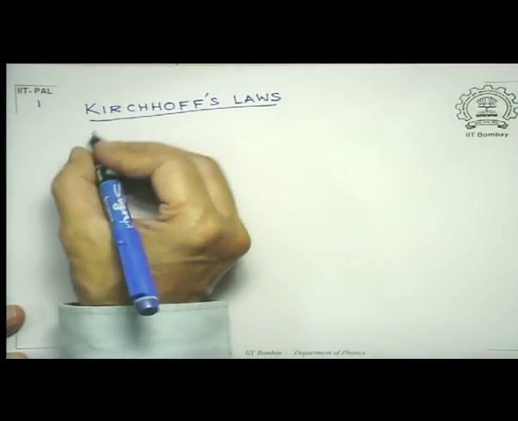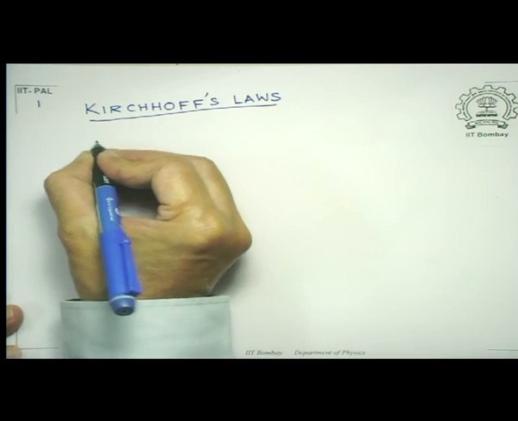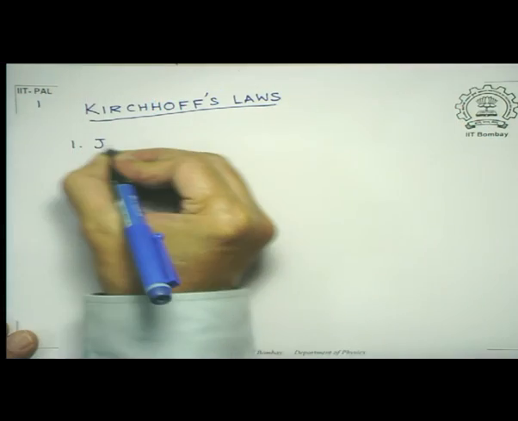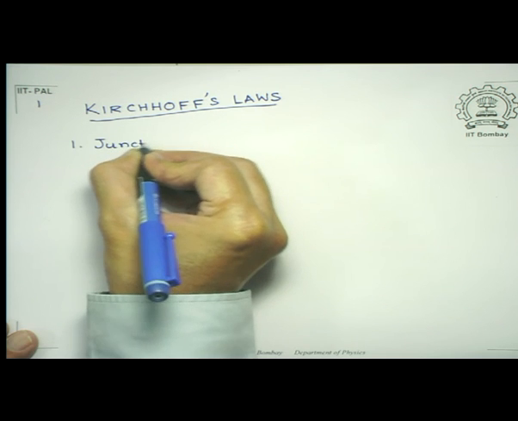So there are basically a set of two laws. The first, what we did is to define what is meant by a junction. So what we said is, a junction is a point where three or more conductors meet. So there is a rule regarding the junction law. So the first law, as we talked about last time, is called the junction rule.